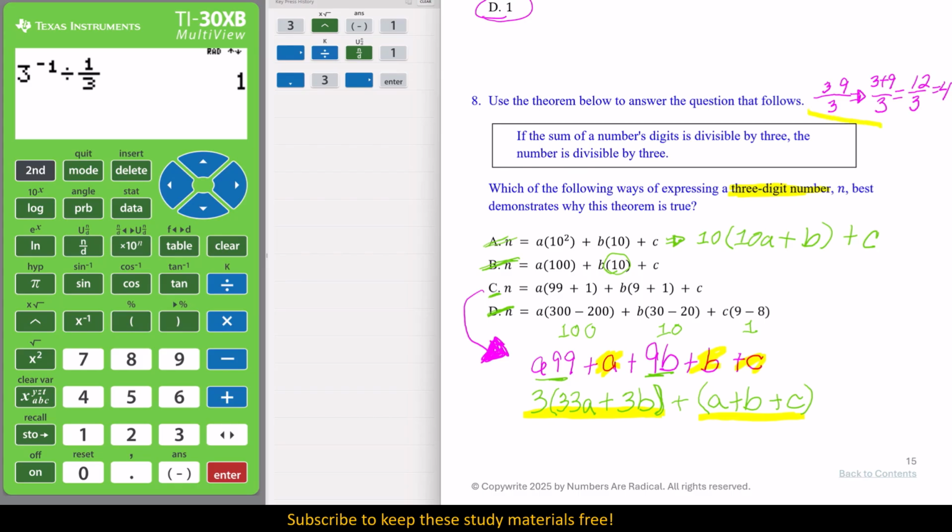Then, if you look up here at my little sidebar note, well, then we could call this first situation here, let me put it in brackets, my first situation, something divisible by 3. And then I'm saying the second situation here is also something divisible by 3.